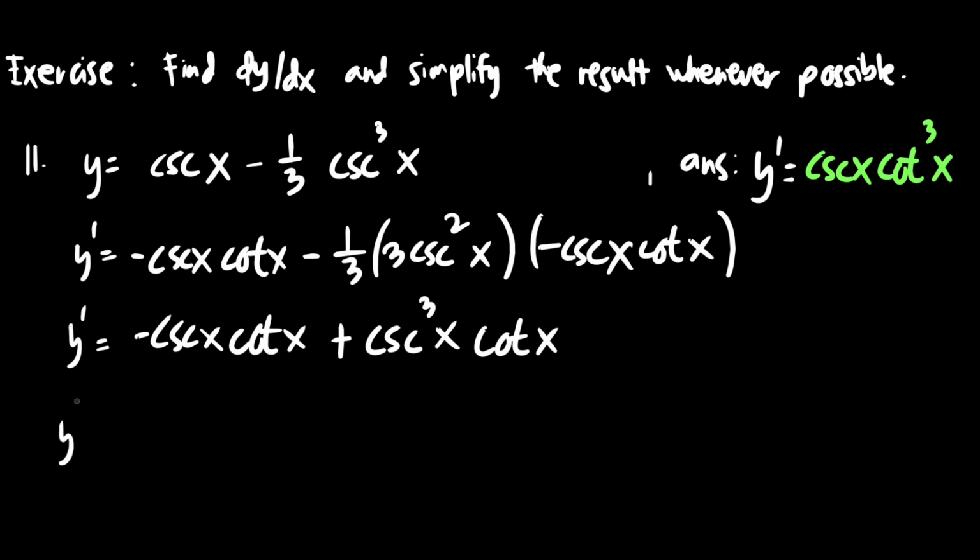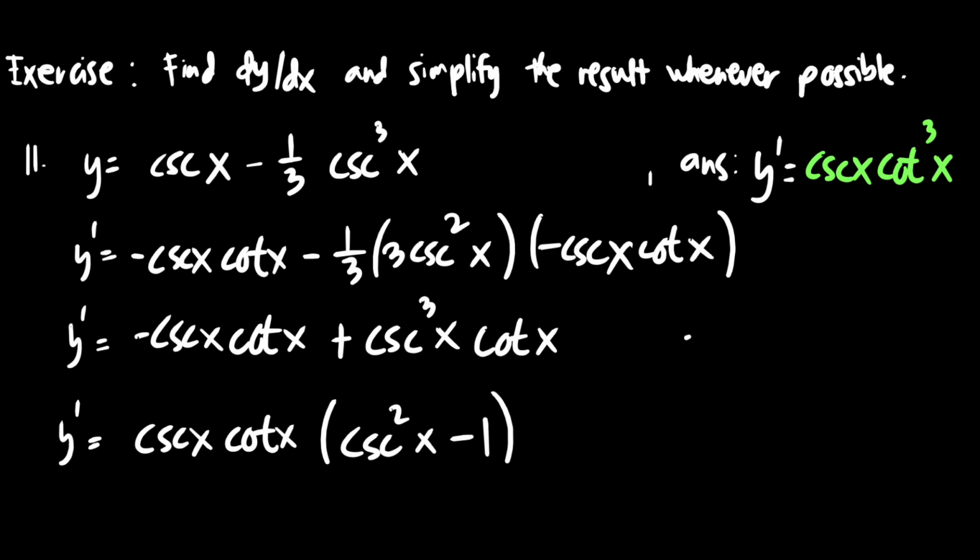We will factor out cosecant x cotangent x, so we have cosecant squared x minus 1. Take note that cosecant squared x minus cotangent squared x is equal to 1, right?